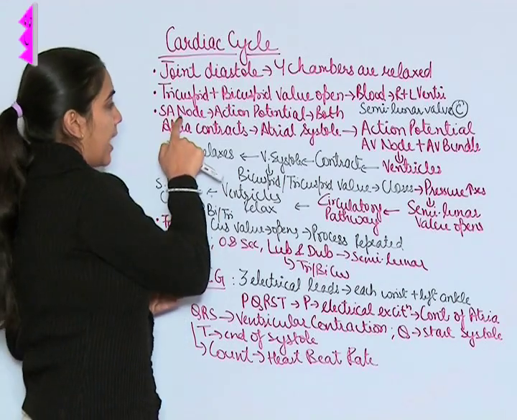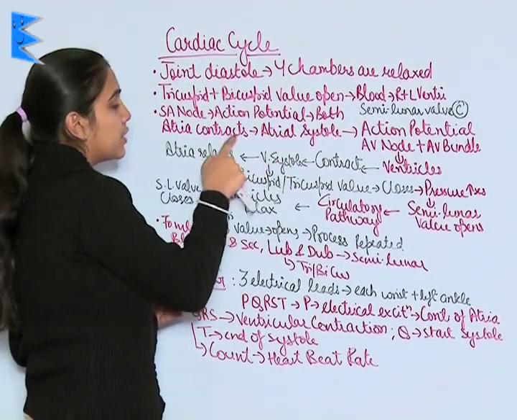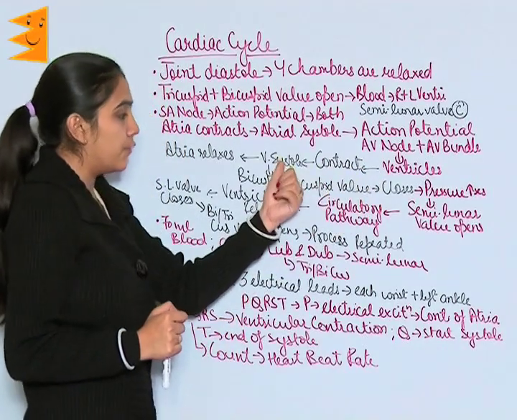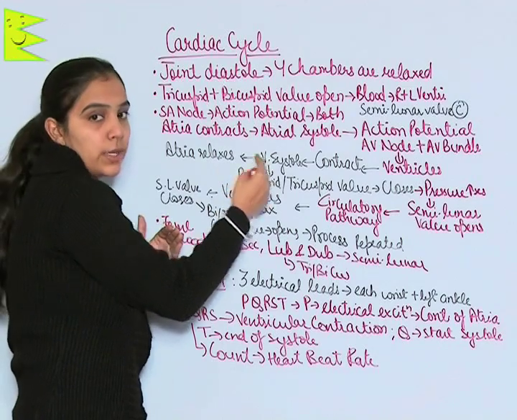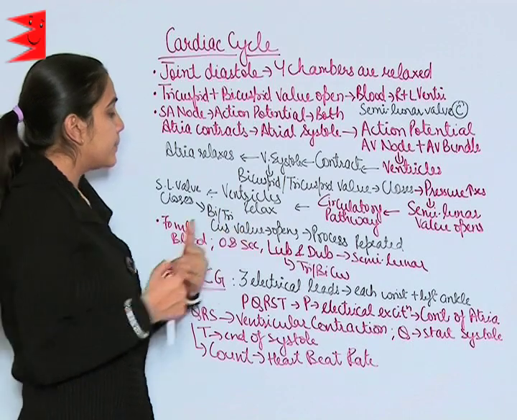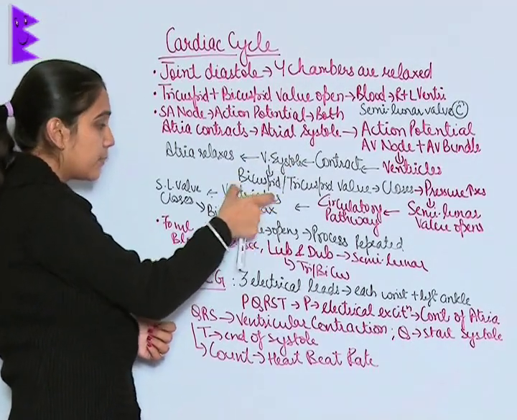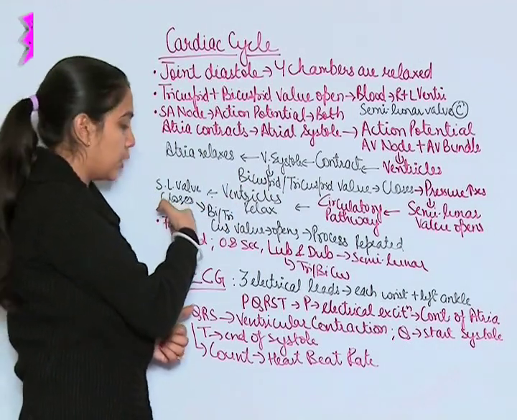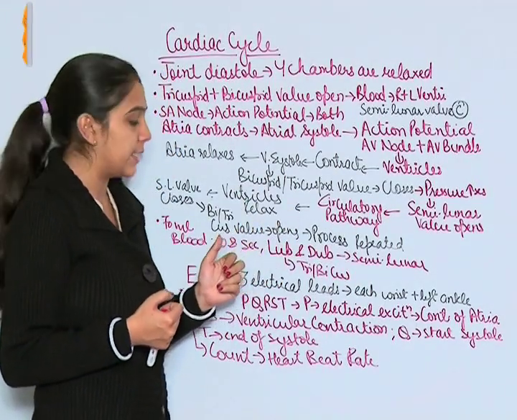Then the SA node generates an action potential, which leads to atrial systole and then ventricular systole, and when ventricular systole is observed, the atria relax, and after ventricular systole, the ventricles relax, the semilunar valve closes, and again the process is repeated.